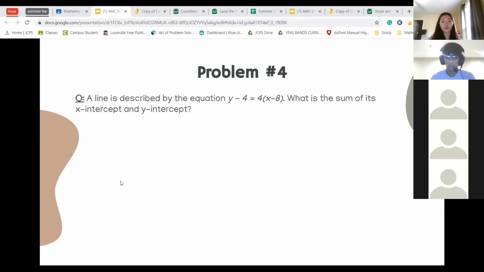What is the sum of the x-intercept and the y-intercept? Okay, so we have one answer so far, and that's -21.